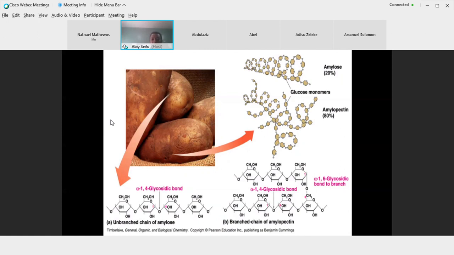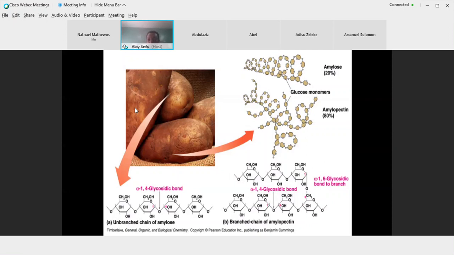As I mentioned earlier, almost less than 20% of the starch is formed by an alpha-1,4 straight chain of glucose. That is called amylose. Whereas 80% of starch is the branched part, made by alpha-1,4 plus alpha-1,6.